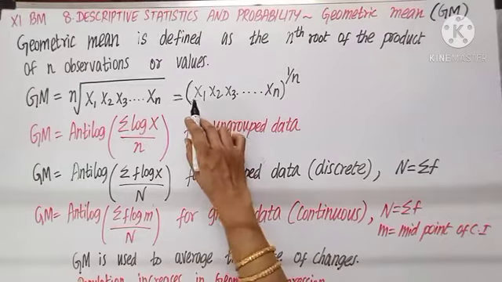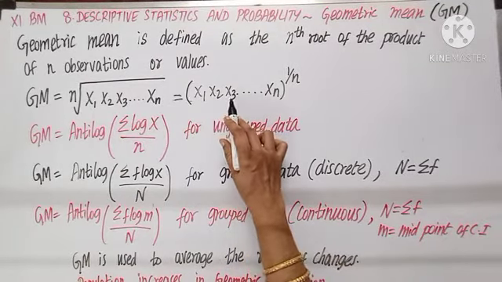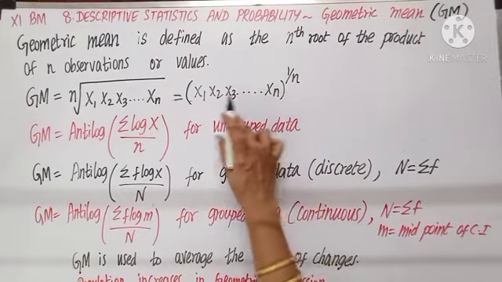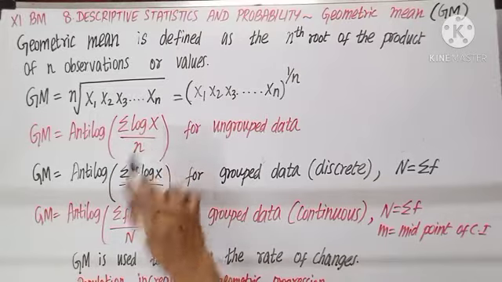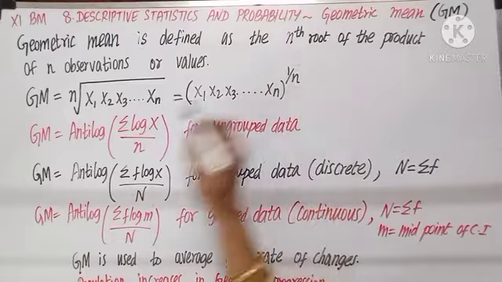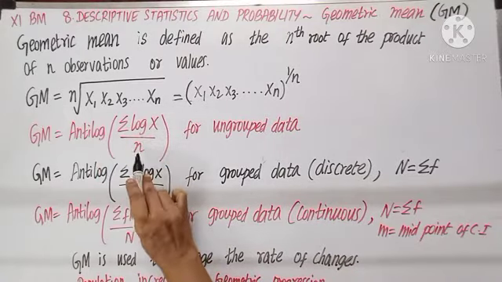So, when I take logarithm, log x1 plus log x2 plus log x3 and so on, log xn. So let us write sigma log x. Power comes near, so 1 by n comes near. So the formula is sigma log x by n.